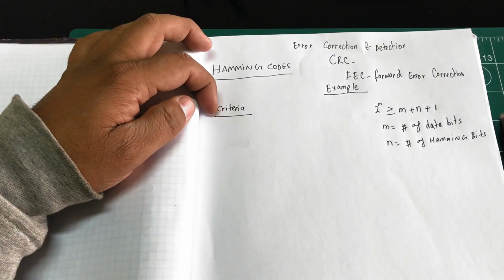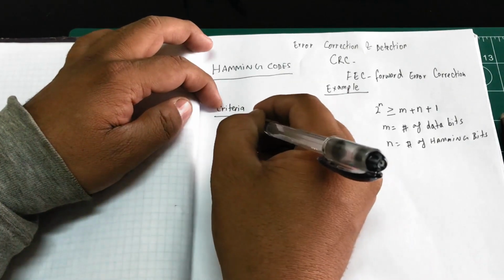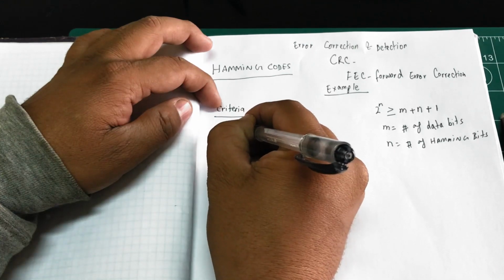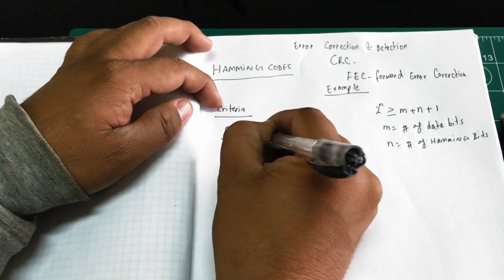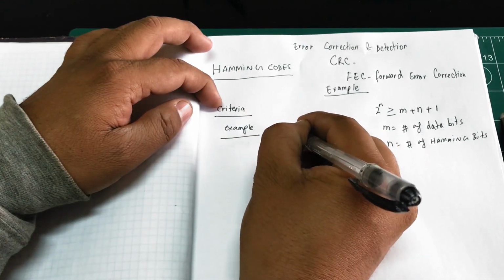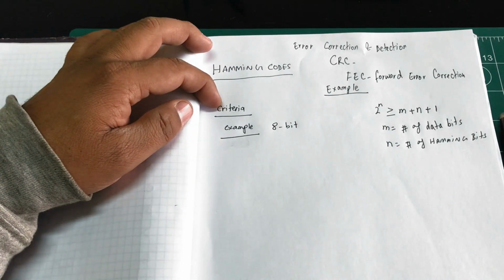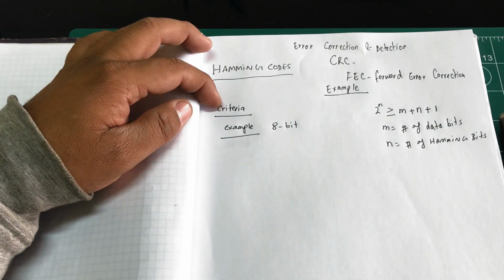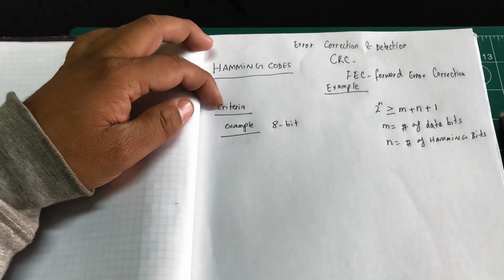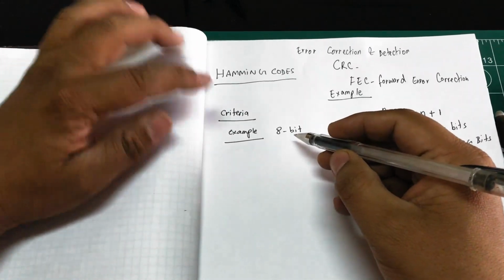So for the sake of our example, let's say I have 8 bits of data.